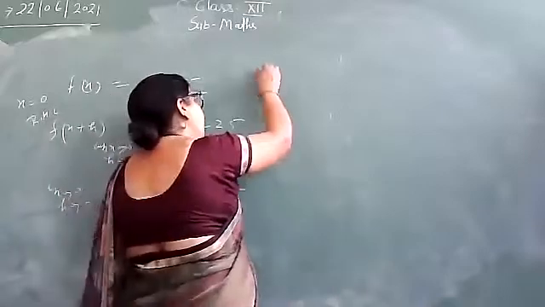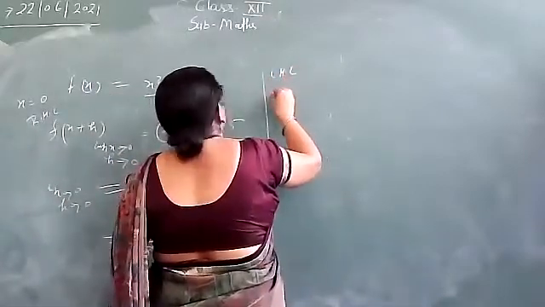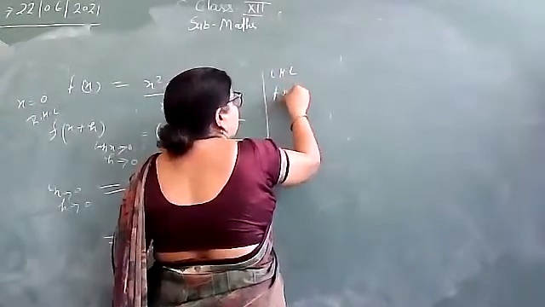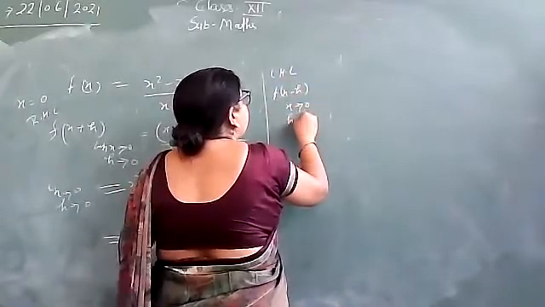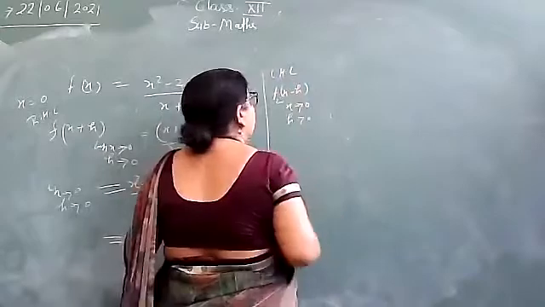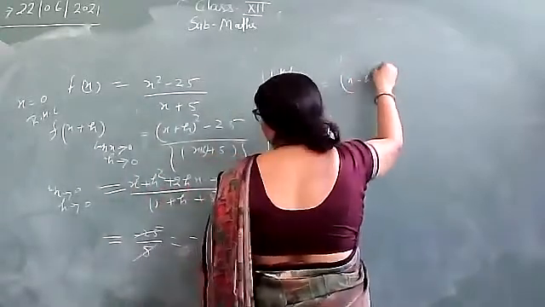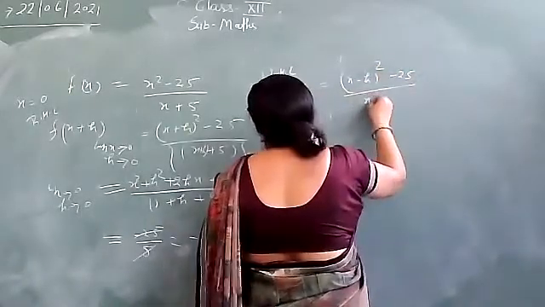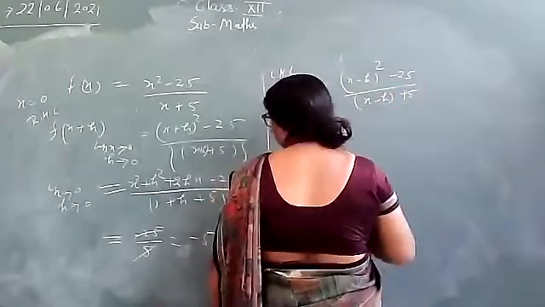Now we use the LHL, f(x minus h), where x tends to 0. Limit x tends to 0. Now we solve x minus h whole square minus 25 upon x minus h plus 5.